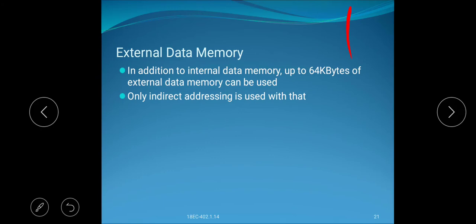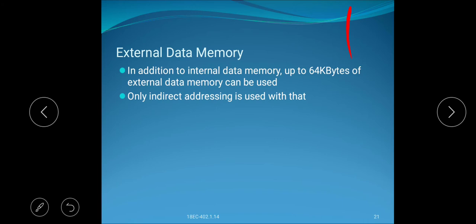External data memory. In addition to internal data memory, up to 64 kilobytes of external data memory can be used.